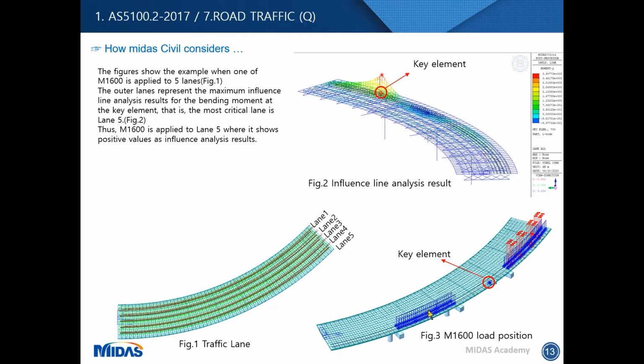It is showing discontinuous because for this element to have a maximum bending moment, it must be discontinuous. If you apply the uniformly distributed load over the overall length of the bridge in the longitudinal direction, you won't get the maximum result. So it will do that automatically.